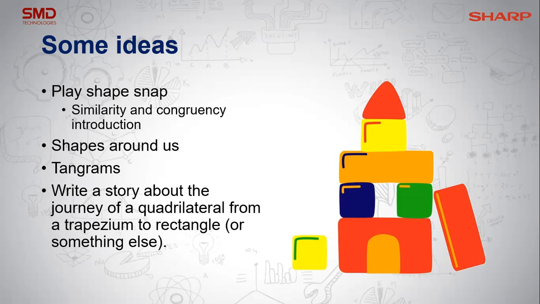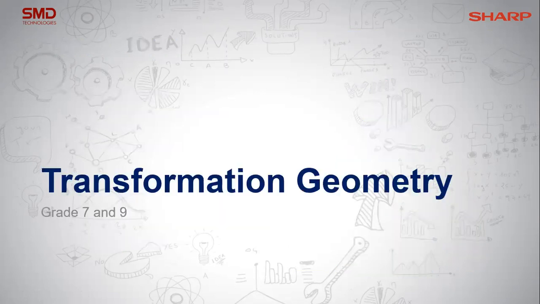Or if you're feeling particularly enthusiastic, ask them to write a story about the journey of a quadrilateral that turns into something else. So from a trapezium to a rectangle, or a kite to a rhombus, or something along those lines. You know, something that shows that they understand the changes between the two different shapes.